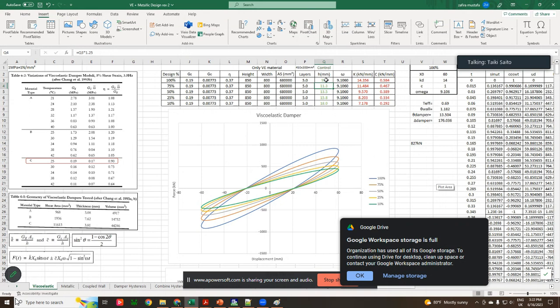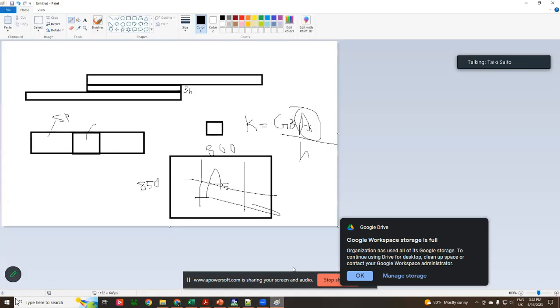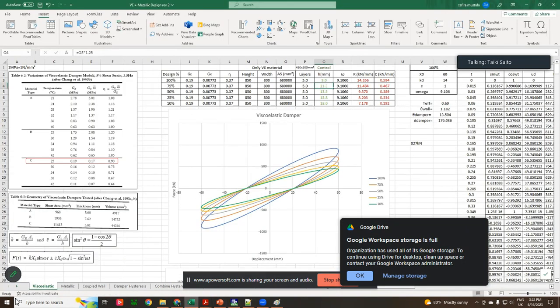So what is the meaning of 5 layer? How to say? Could you go back to the Excel file? I think it's better to put this part as 450, because the size of the damper is 450 and 300, right?